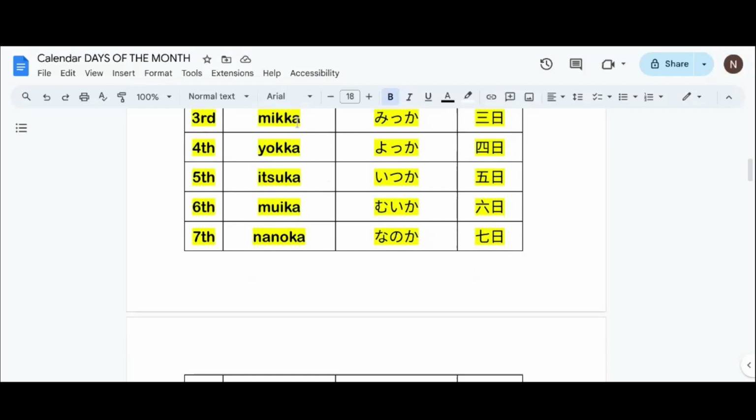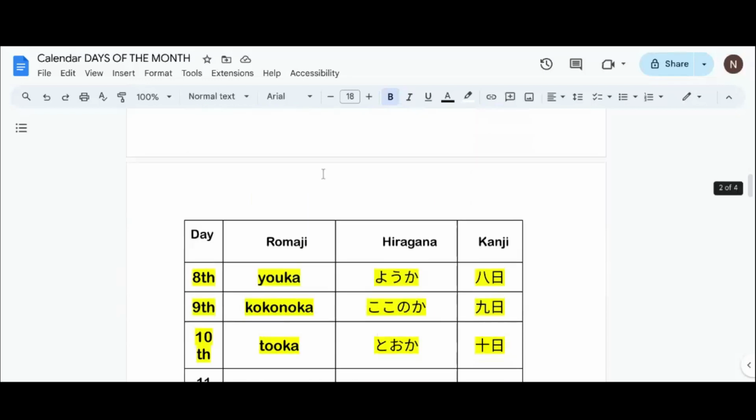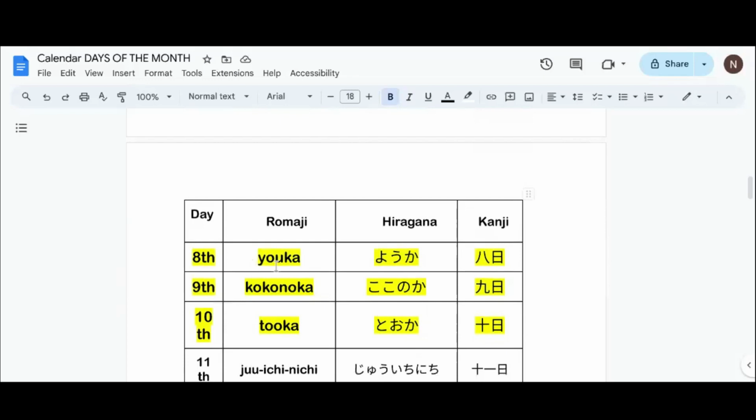I know you can read all like an alphabet. Okay, itsuka, muika. For your seventh, nanoka. Nanoka. Seven. For your eighth, yoka.